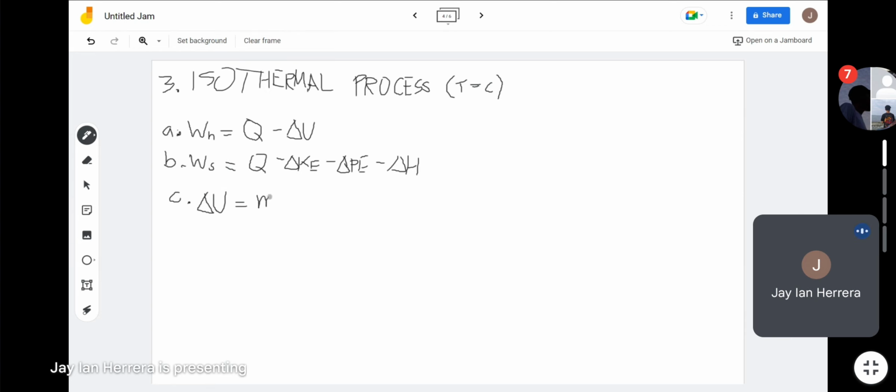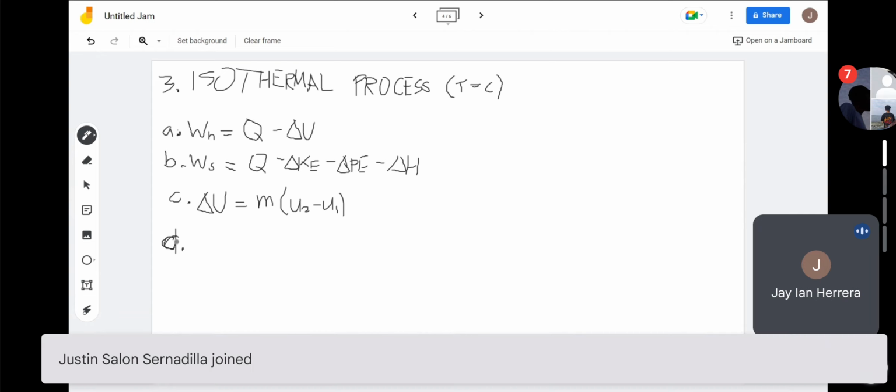And mainly, m times U2 minus U1 pa rin. Nag-change kasi yan ng state. Guys, uniform yung temperature natin, pero if the pressure nag-iba, tataas or bababa pa rin yung ating properties such as enthalpies and internal energy.